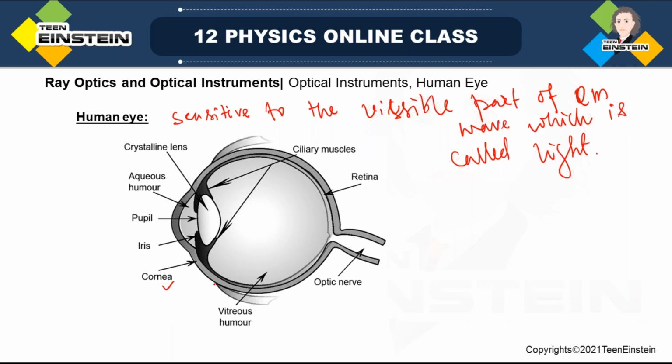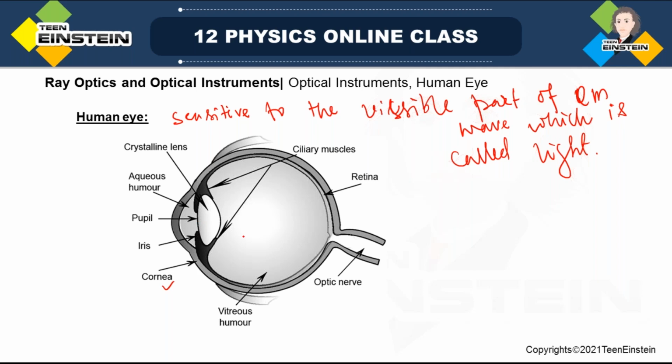This is a very, very thin, transparent membrane. Otherwise, light cannot pass if the membrane is not transparent. So cornea, you have understood: the transparent membrane in the front part of the human eye through which light enters.